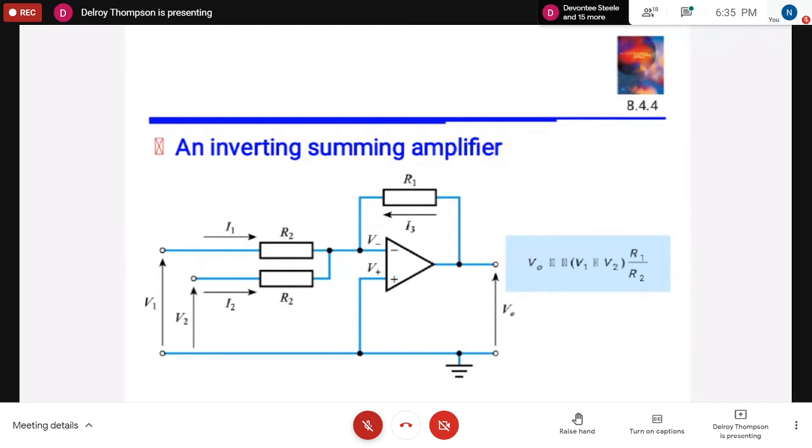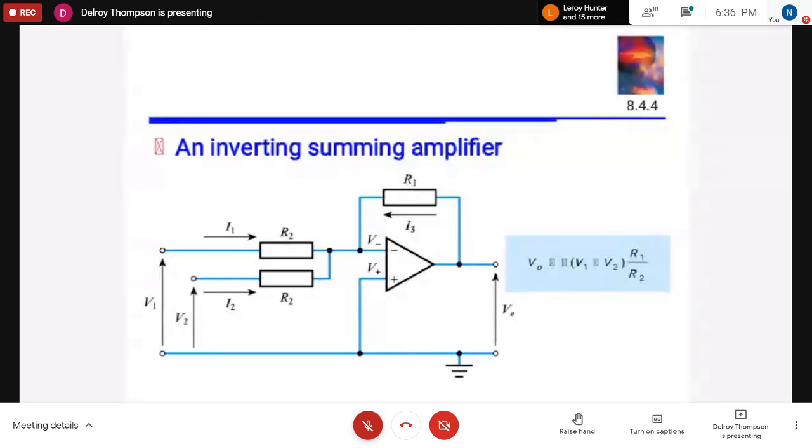Exactly. We looked at the inverting amplifier, but at that time we had only one input. Now we're looking at an amplifier with 2 inputs. But notice that the 2 inputs are connected to the inverting input, and the non-inverting input is grounded. So it is still an inverting amplifier.